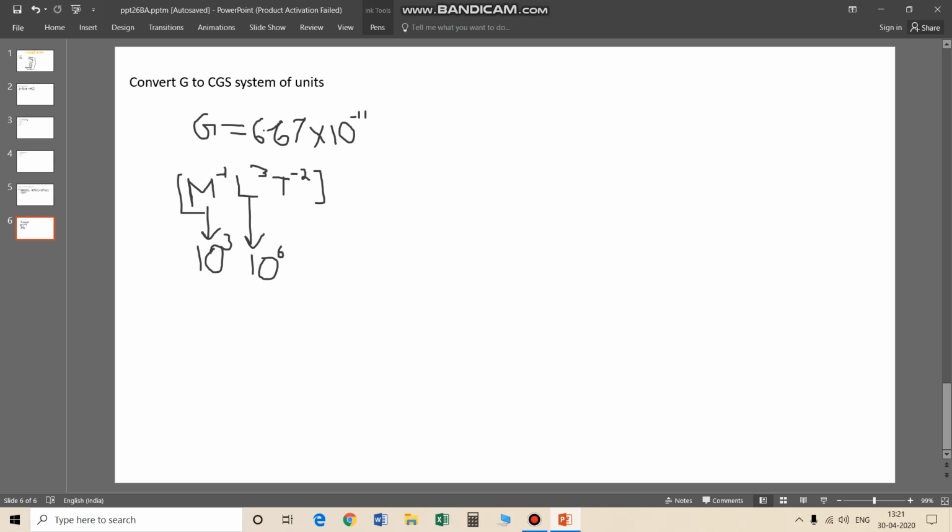You must understand what I am trying to say. I convert this kg to g. 1 kg is equal to 1000 gram. Hence I write 1000 here because inverse does not have any effect. 1 by kg and 1 by g will be the same thing, meaning 1000 will be the quotient when 1 by kg is divided by 1 by g.